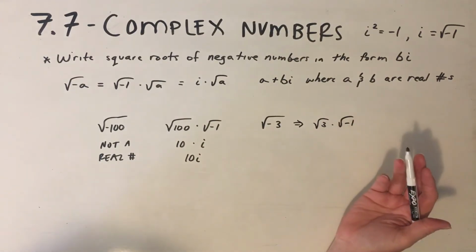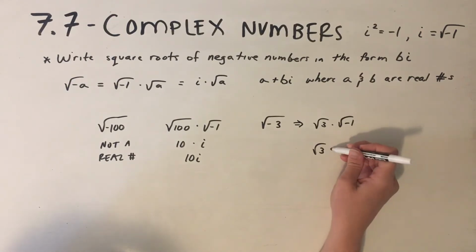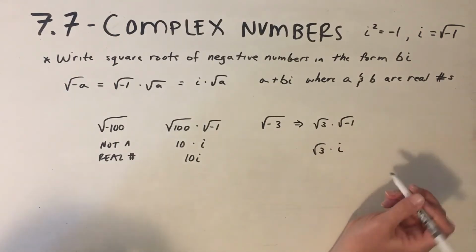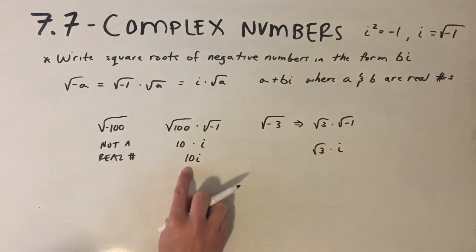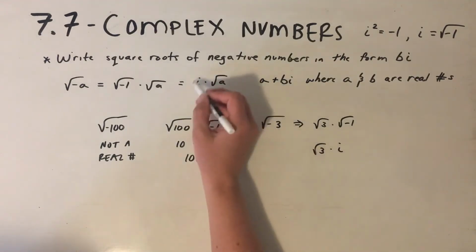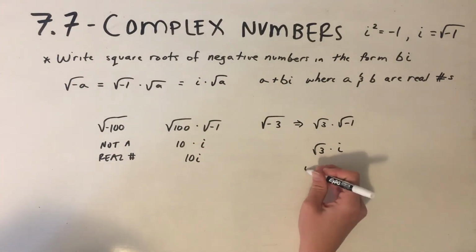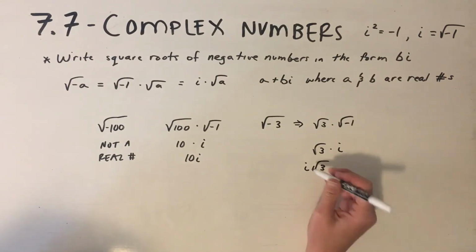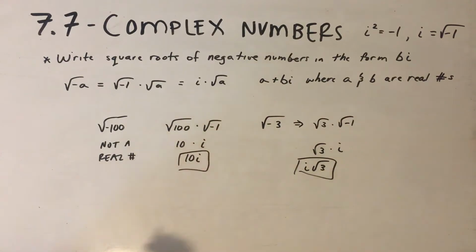The square root of 3 can't be simplified, so it's going to stay the square root of 3, but the square root of -1 is I. And again, when I have a real number like 100, I'm going to write 10I, but because this is still under the square root and I can't simplify the square root of 3 anymore, I'm going to write this as I square root 3. Okay, so these are the two ways that you'll see this. Let's do a couple more problems.